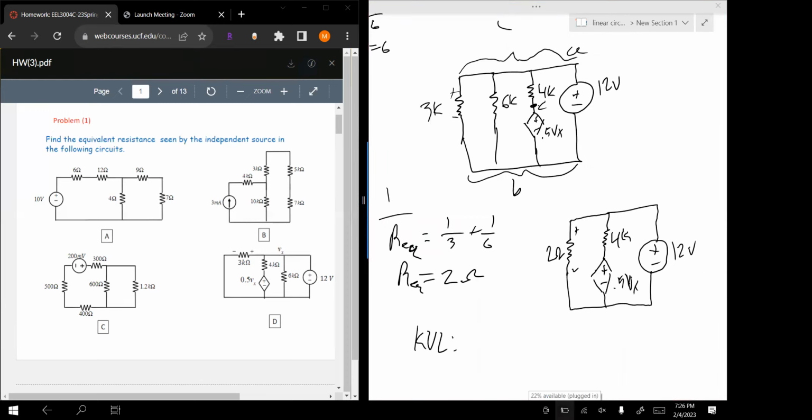You have a 12-volt rise minus 2. We're going to assume current flowing like that, and then this is going positive to negative. 2 times IX. This current over here will be IY. And that's going to equal 0.